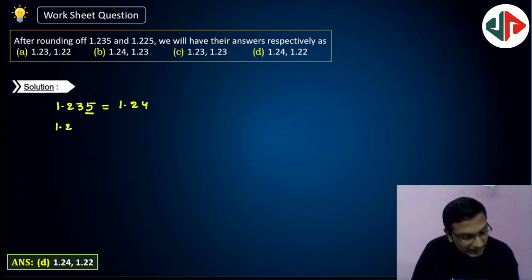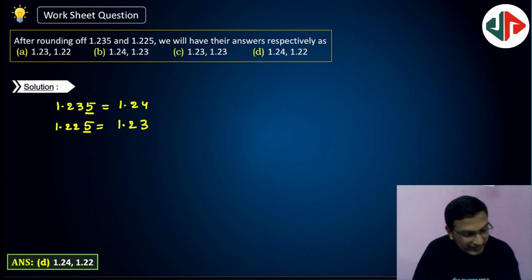Next, 1.225. Here also it is 5. Therefore, add 1 to the previous number, 1.23. Therefore, after rounding off, we will get 1.24, 1.23.